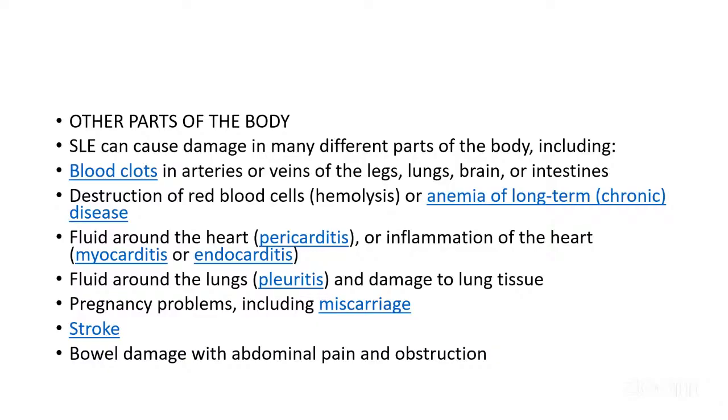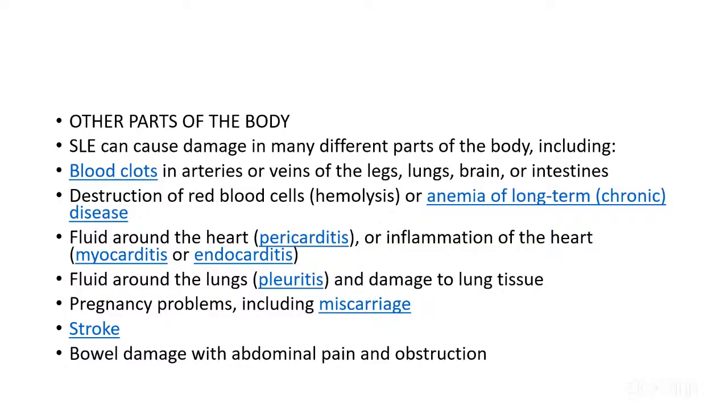Then you have destruction of red blood cells, which we call hemolysis, or anemia of long-term chronic disease. Now, fluid around the heart, pericarditis, or inflammation of the heart, myocarditis or endocarditis. Fluid around the lungs, pleuritis, and damage to lung tissue. We have pregnancy problems, including miscarriage.